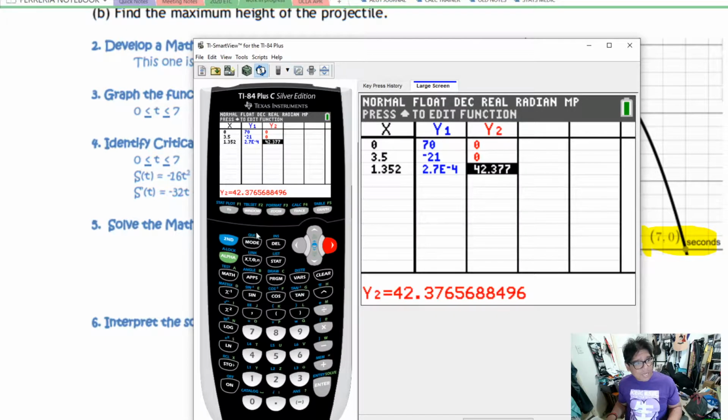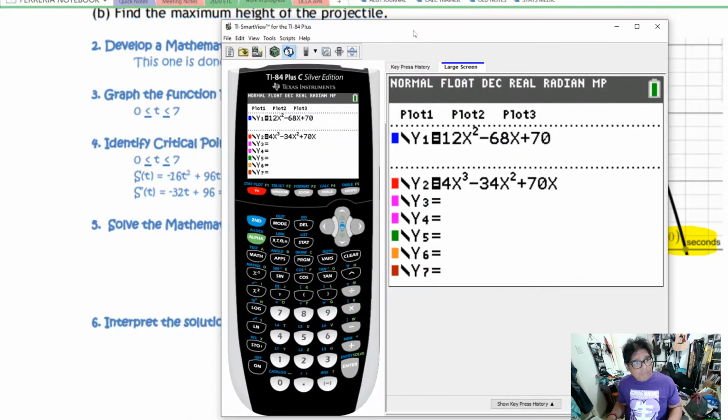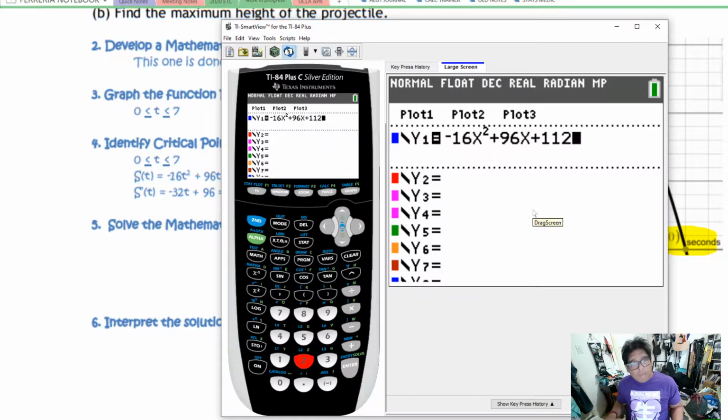Okay, we haven't done anything to it, so we'll go to y1 and the y equals menu. And here, let's clear everything. In y1, we're going to put in our height equation. We don't need the derivative because we've already done our derivative analysis. We already know our critical values.